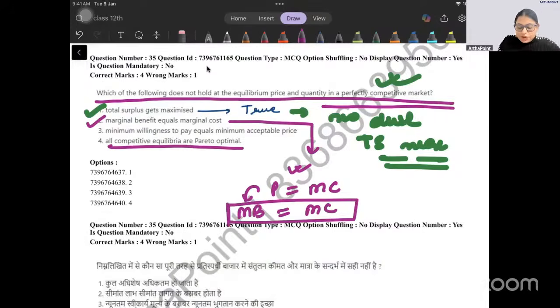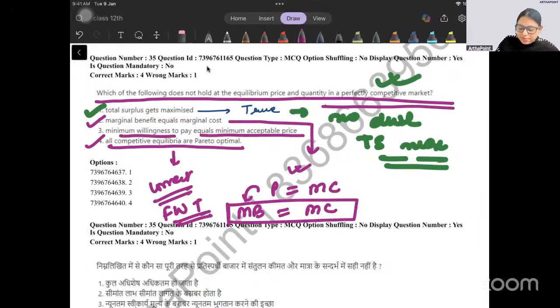All competitive equilibria are Pareto optima. This is also correct. This is first welfare theorem. जैसे ही कोई चीज कंपेटिटिव इक्विलिब्रियम होगी, ऑटोमेटिकली इट विल बिकम पेरेटो एफिशिएंट. खुद से ही वो पेरेटो एफिशिएंट हो जाएगी. राइट? Minimum willingness to pay equals minimum acceptable price. This is false.